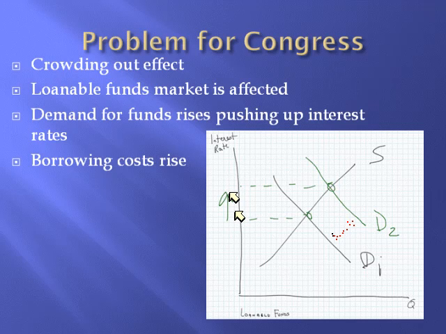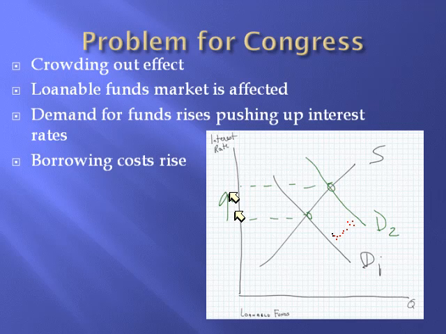Well, the government's going to borrow money one way or another. Usually they don't worry so much about the interest rate, but the private investor does worry about the interest rate. And if the interest rate goes up, then that means that the cost of borrowing money rises, and when the cost increases, people do less of that activity.